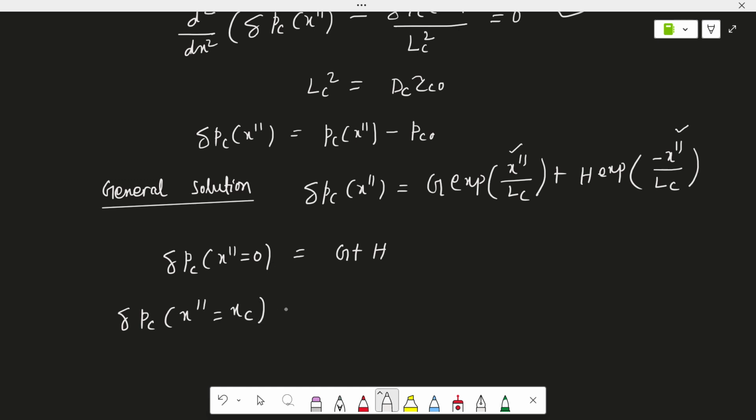Here if I substitute, I get g times exponential of xc over Lc, plus h times e to the power minus xc over Lc.